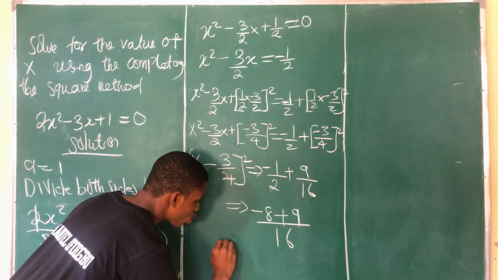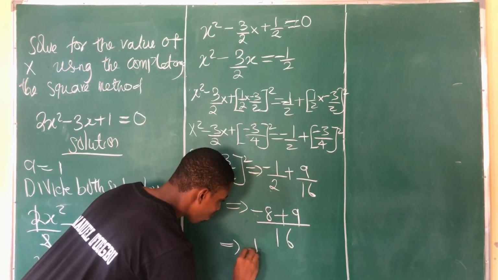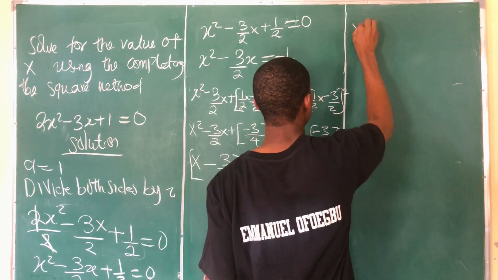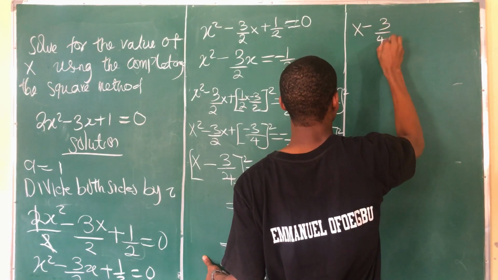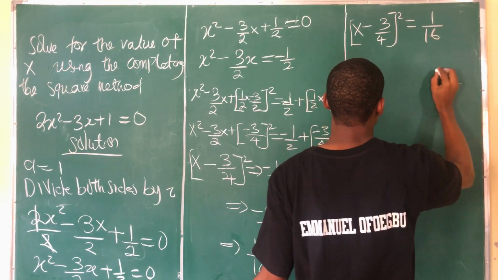So −8 plus 9 is 1, and you have 1/16. Therefore, (x − 3/4)² is equal to 1/16.